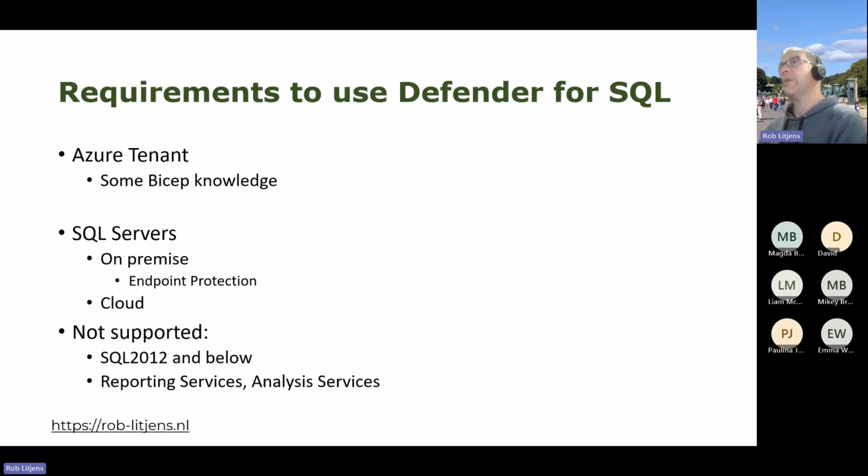It comes in handy to have some bicep knowledge, so that you can create a template which rolls out, for example, your log analytics workspace, create a connection to Sentinel from that, to Defender for Cloud, and from Defender for Cloud to Sentinel. But it's not a requirement.